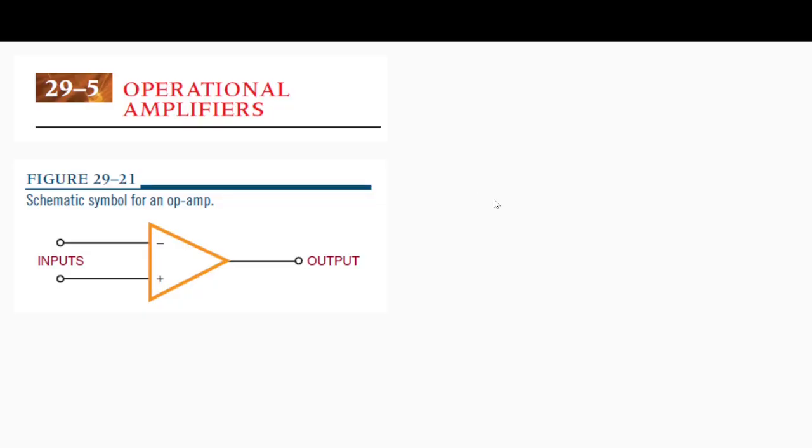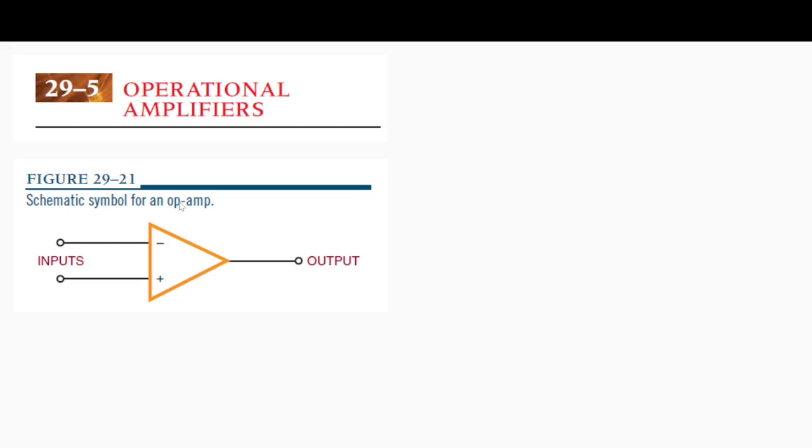So just as a basic, as we understand about different electronic components, they have equivalent symbols. So what you see here is the symbol of an operational amplifier. So let's try to understand this symbol, because you need a firm grounding to get a clear understanding on any particular concept.